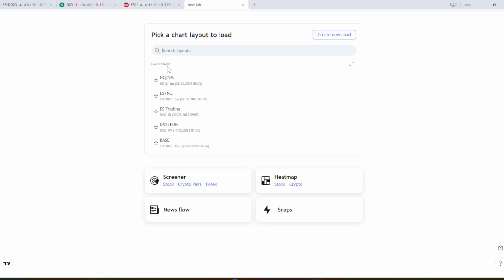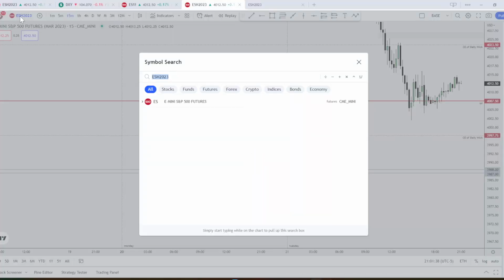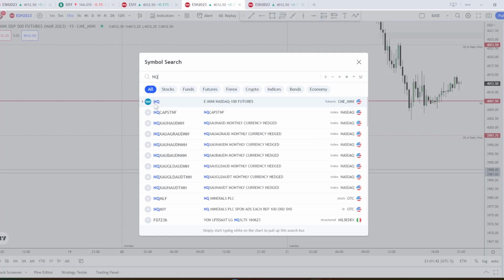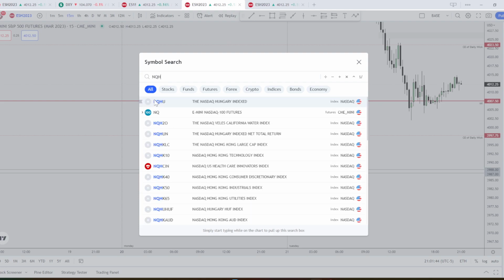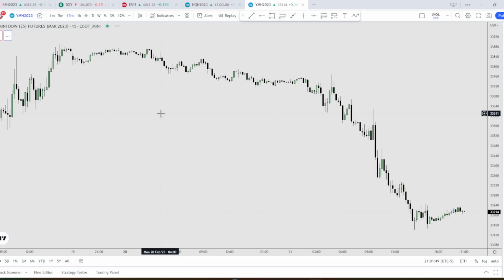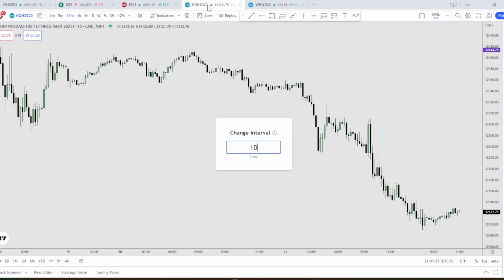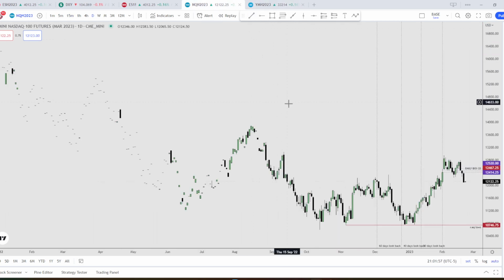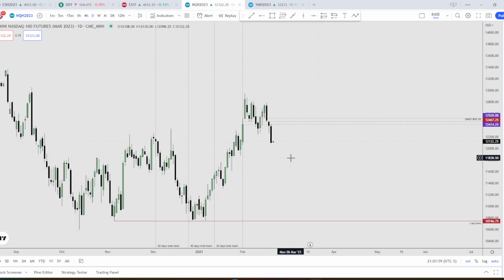Okay, let's take a look at NQ and Dow. On daily, right?